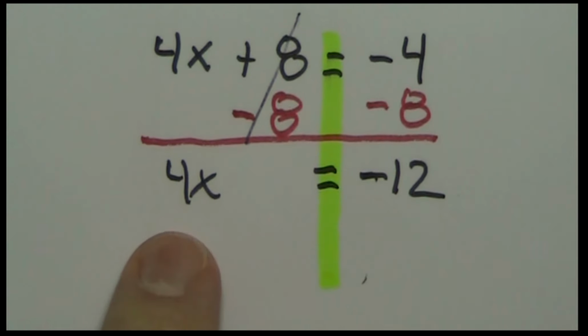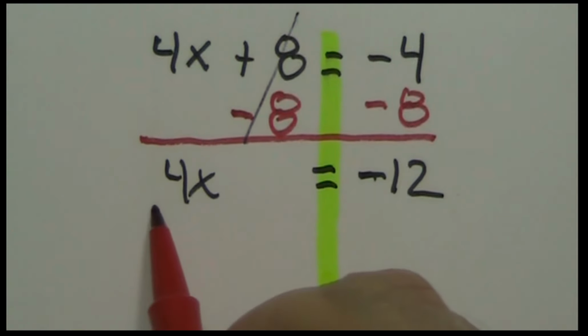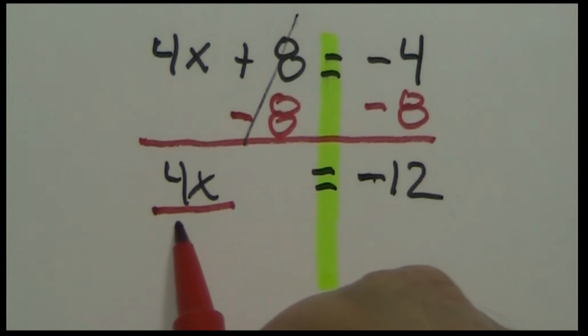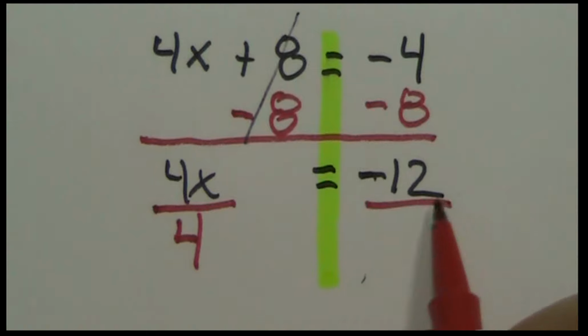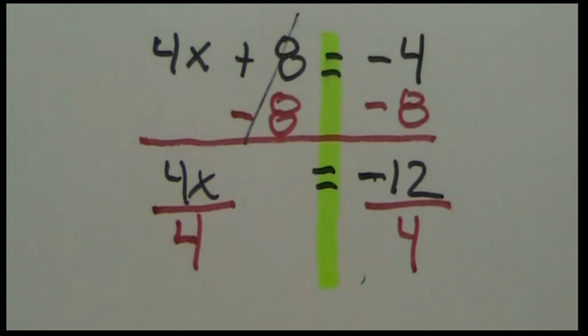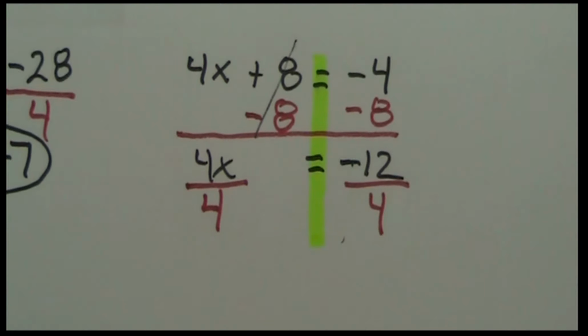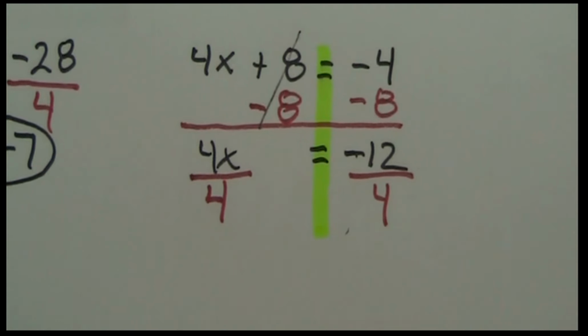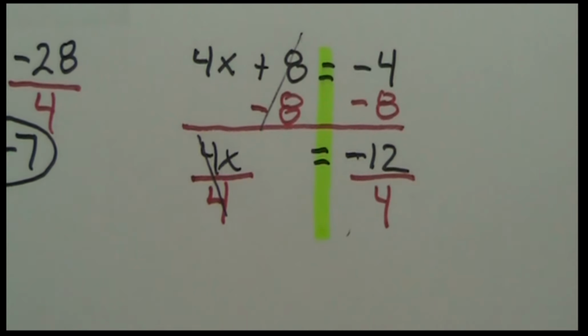Okay, now I have to get rid of the 4. So let's see. This is times, so I need to do the opposite. I need to divide. Same number though. So this becomes 1x.